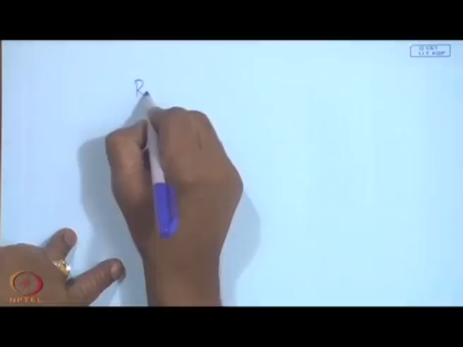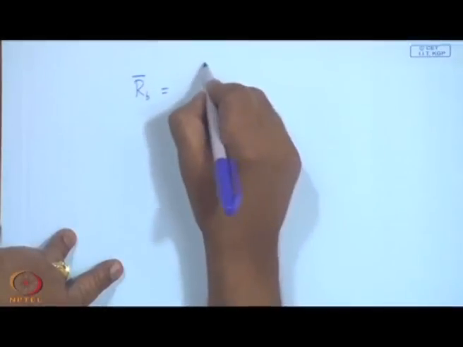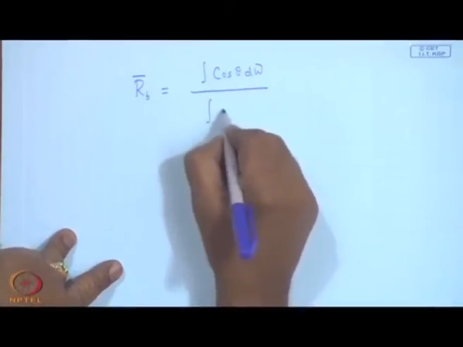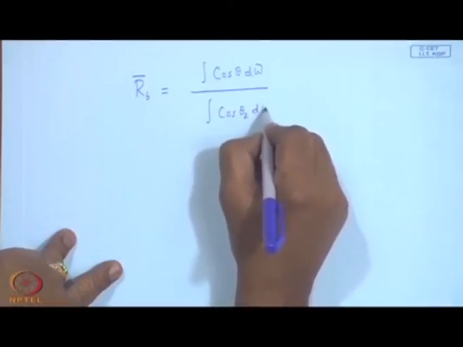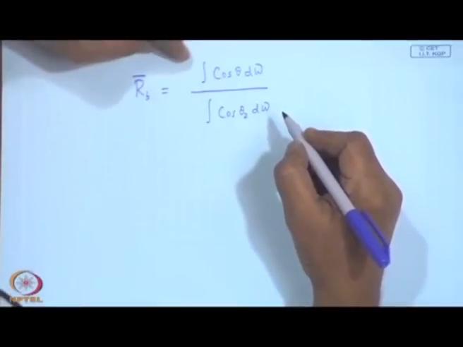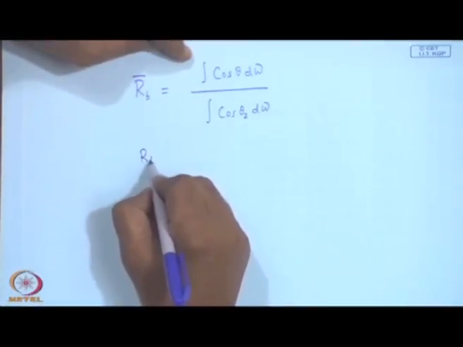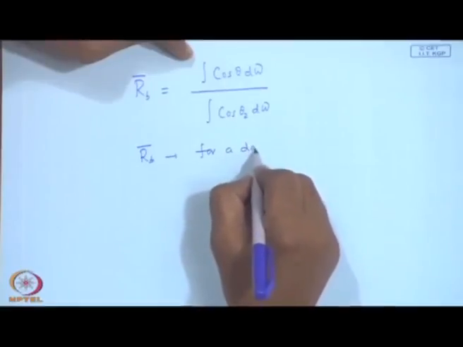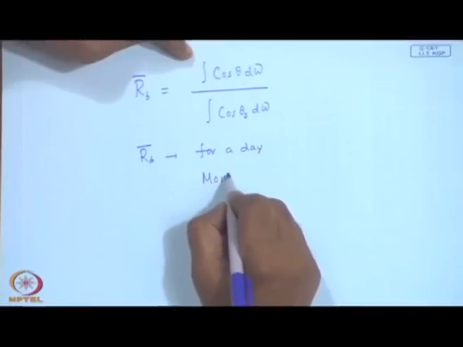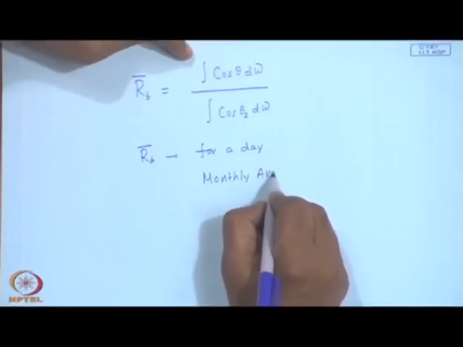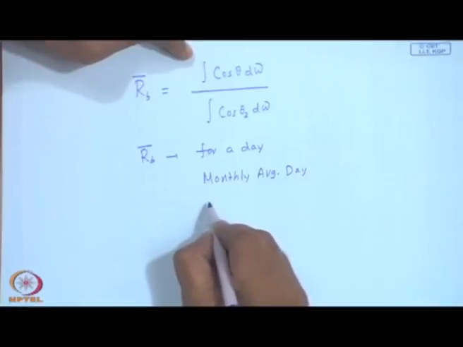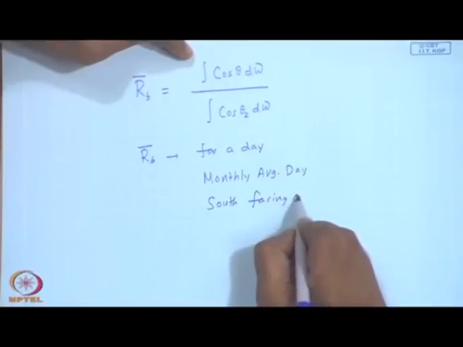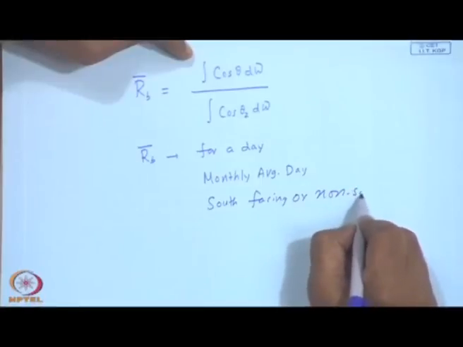So, R b bar is simple. Before we proceed to examine this, even R b bar can be for a day, then a monthly average day, and it could be south facing or non south facing.